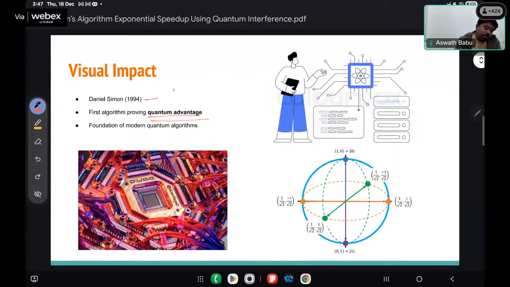The problem is artificial but mathematically clean, designed to expose what a quantum computer can fundamentally offer better.